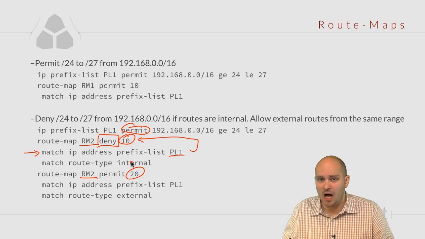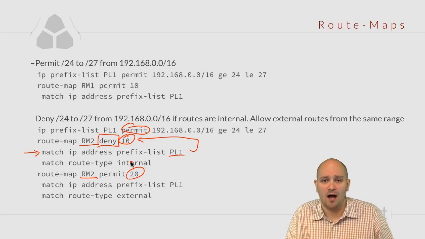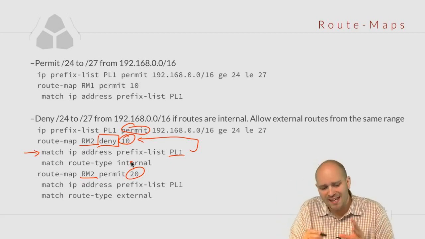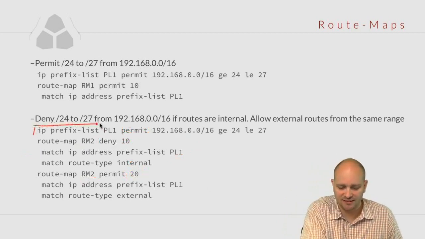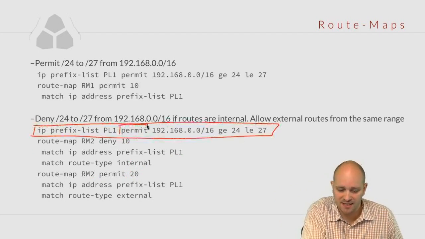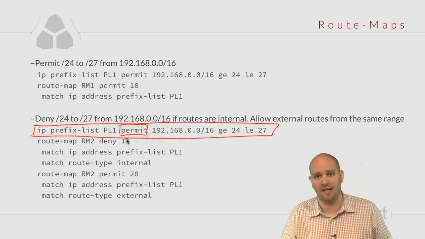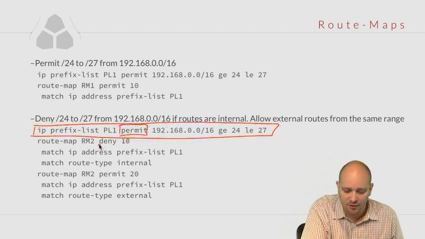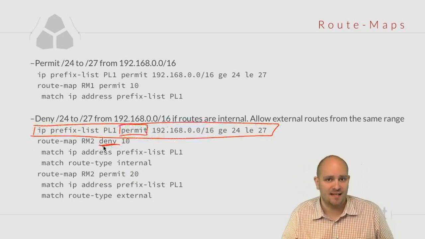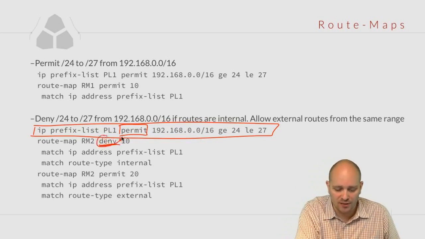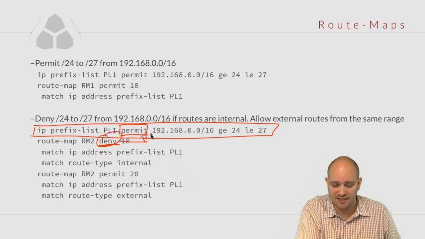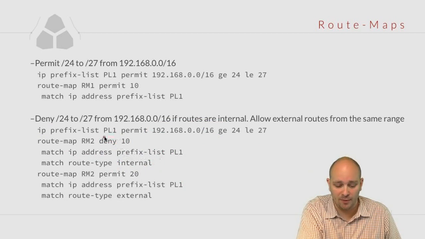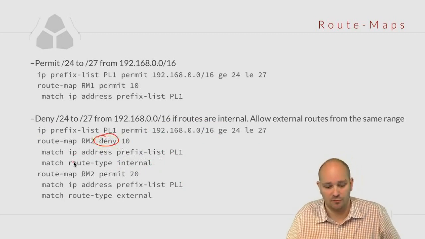Sometimes it could be a little bit difficult getting your head around this logic, but for me this approach is the most direct one. I'm going to have a prefix list here that permits, that specifies the range that I do want to take a particular action on, and then in the route map I would take that specified action. So I'm going to deny whatever this prefix list permits. In my prefix list I'm specifying this range here, and if the route is internal it will be denied, because this is the logic that we specified.